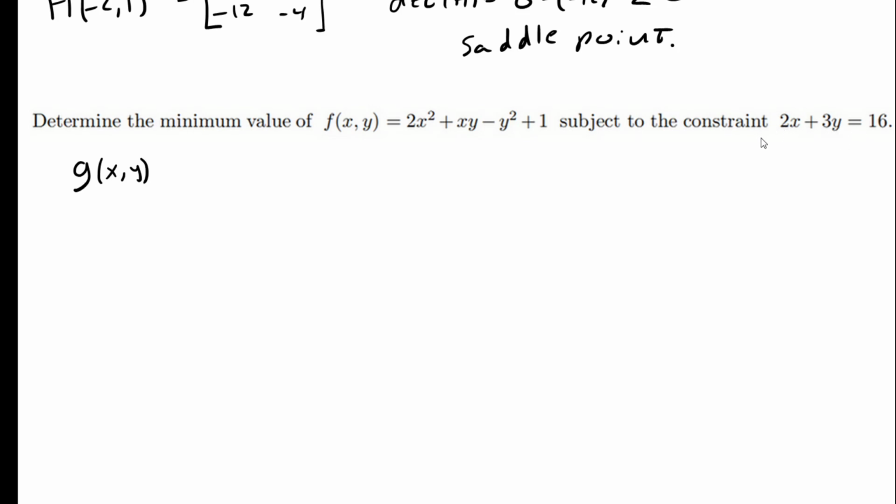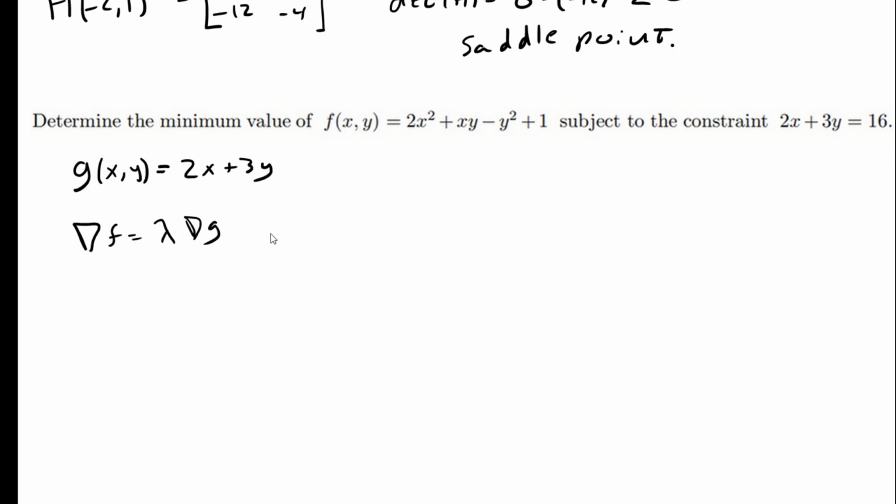So that means all of the variables on one side and a constant on the other. Okay, and now I'm going to set gradient of f equal to lambda times the gradient of g.